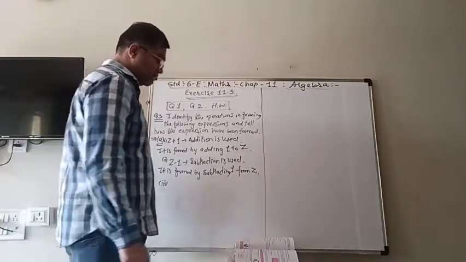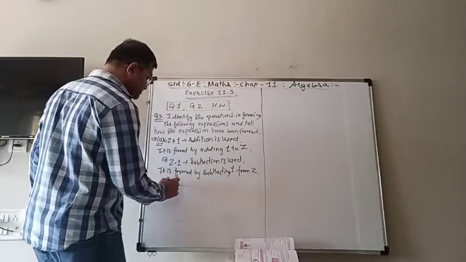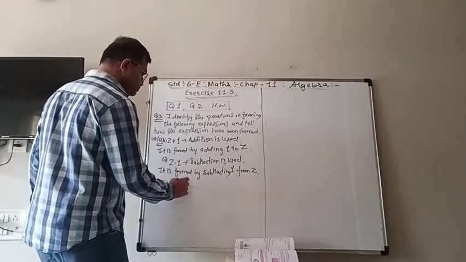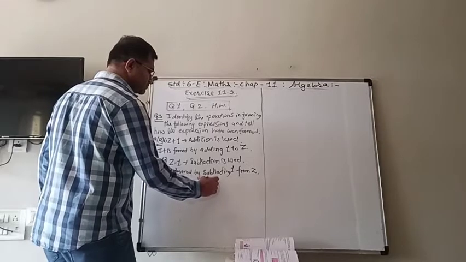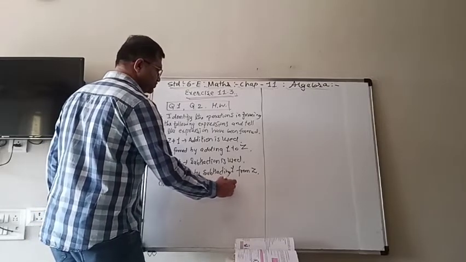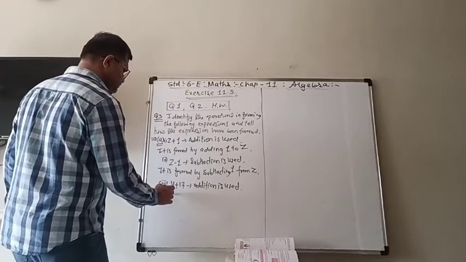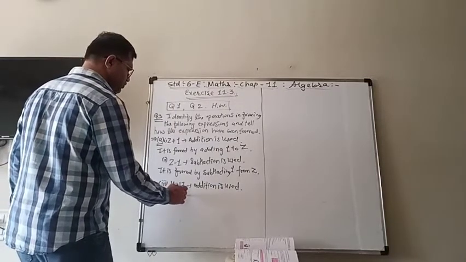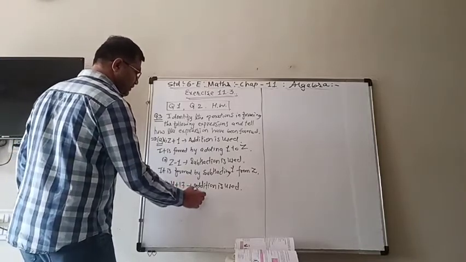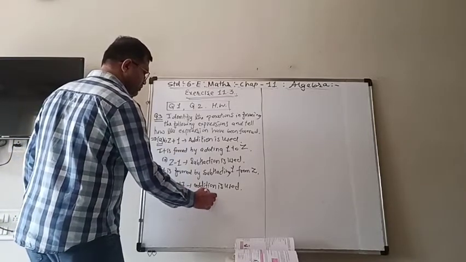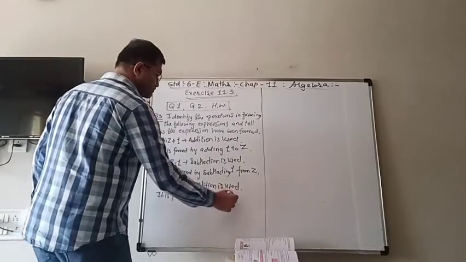There is the third one also. It is y plus 17. So here also addition is used, and it is formed by adding how much? 17, to which variable?